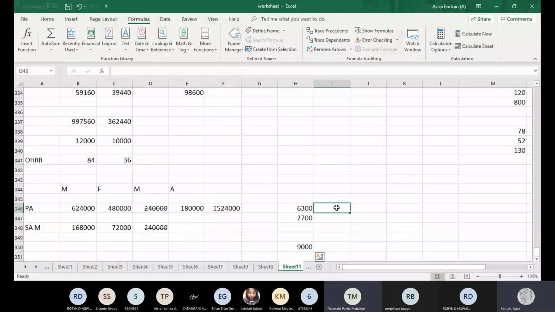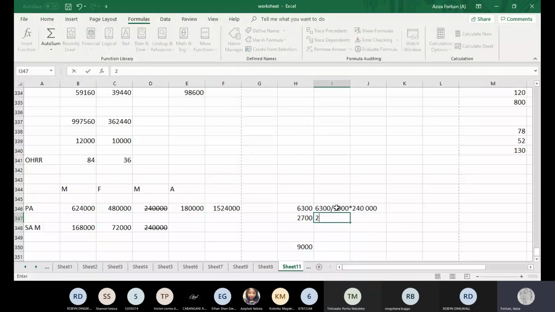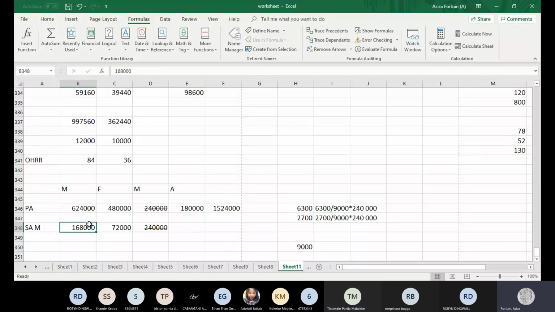Once again, 6,300 divided by 9,000 times 240,000. Here I'm going to say 2,700 divided by 9,000 times 240,000. And that's how she got the 168,000 and the 72,000, because it's on floor space.